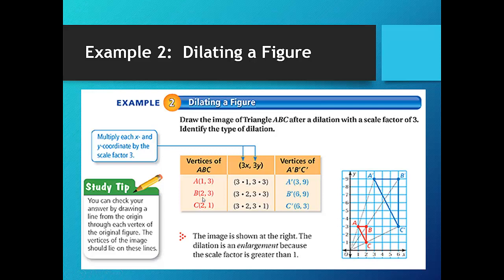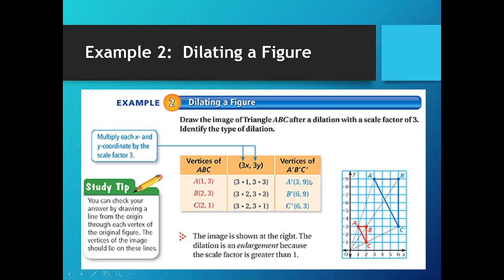So we're going to multiply 3 times 2 for x and 3 times 3 for y. So B prime is at (6, 9). And for C, our original is at (2, 1). We're going to multiply 3 times 2 for x and 3 times 1 for y. So C prime would be (6, 3).